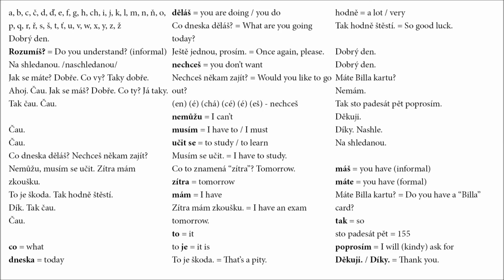Piet. Try saying 5 means 5. Piet, rozumím 5. Rozumím is I understand. Piet znamená 5. Exactly.